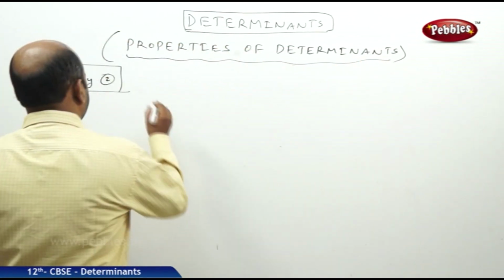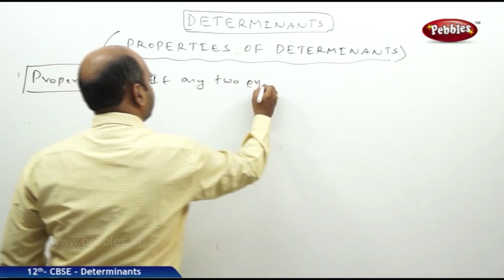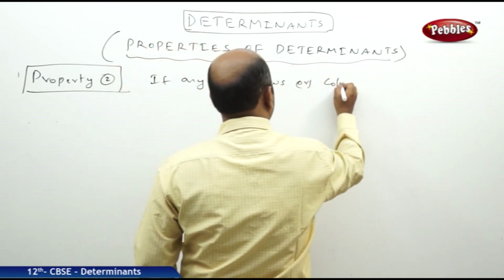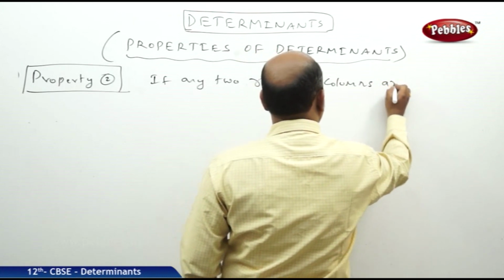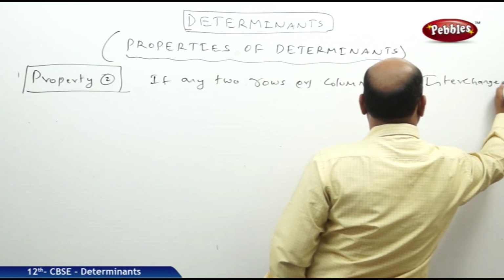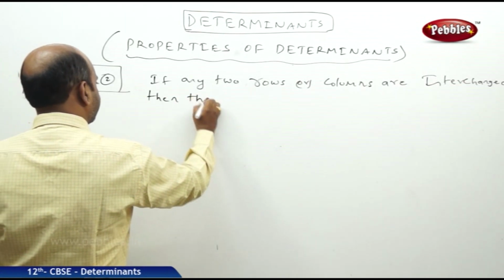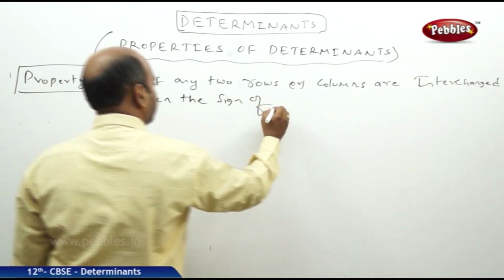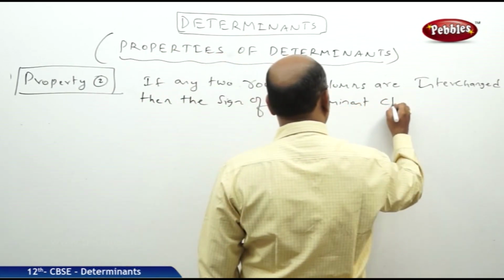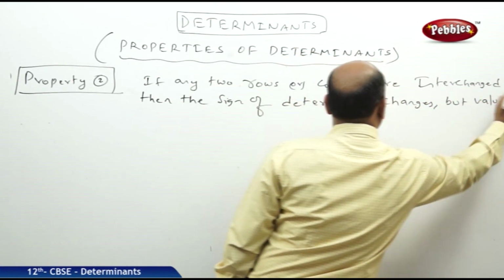What the second property is telling is, if any two rows or columns are interchanged, then the sign of the determinant changes, but the value remains the same.